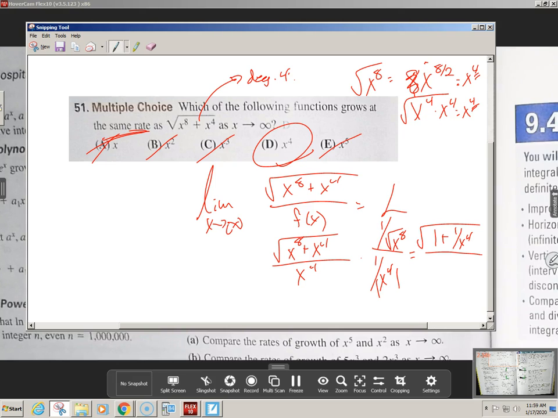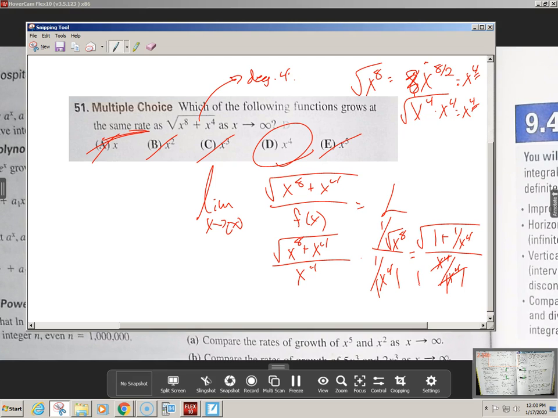Only x to the 4th would have all variables gone with just this guy going to 0. No, because always positive, always positive. Okay, I'm good. Anything else, there would have been either a remainder down here or a remainder up there. That would have made the limit either 0 or infinity. Okay.